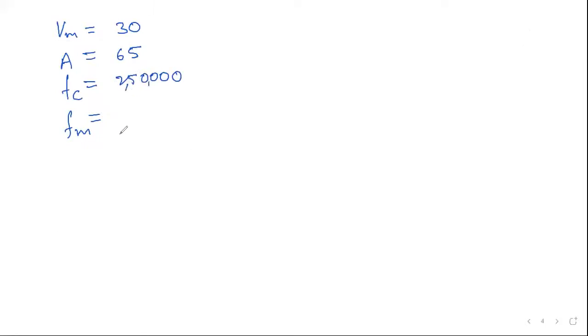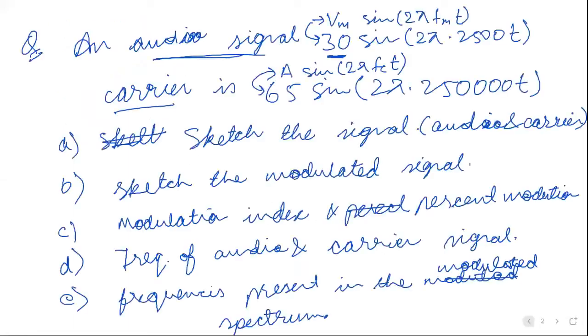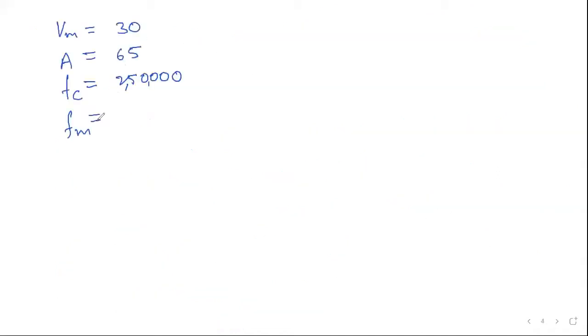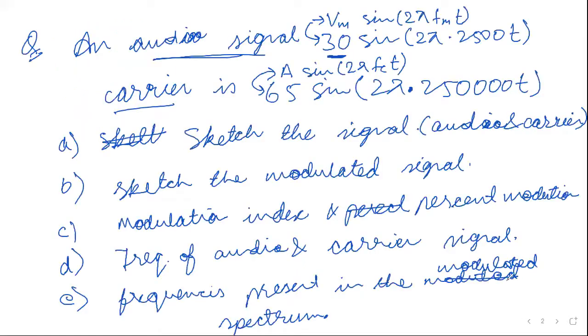Yes, 2,50,000, because there are 4 zeros, right? So fm is 2500. As you can see, fm is 2500.